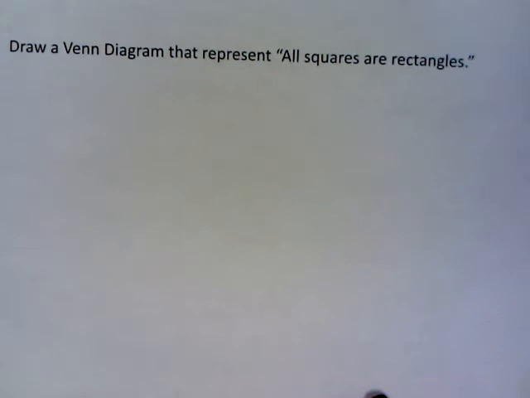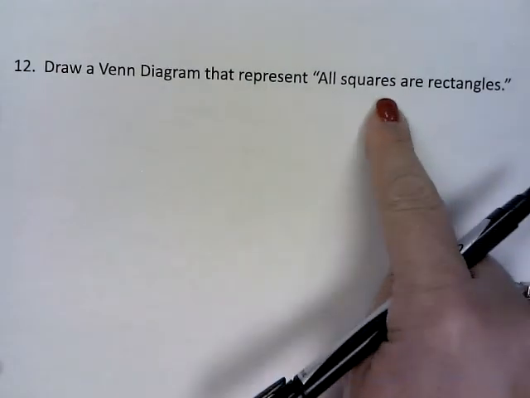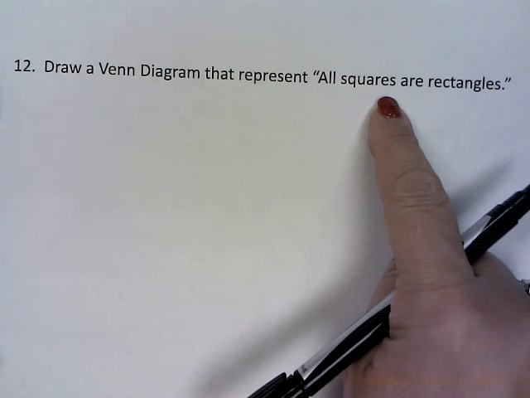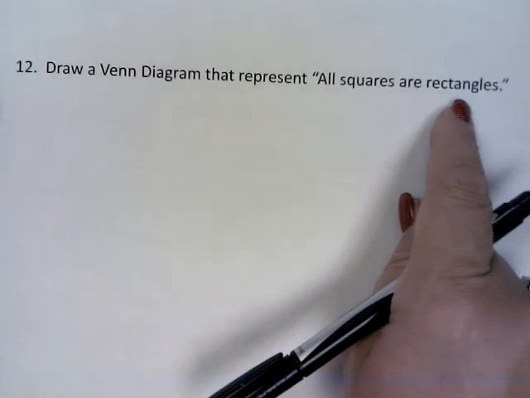Okay, the last but not least, it says to draw a Venn diagram that represents all squares are rectangles. If all squares are rectangles, then that means the squares are submerged inside of the rectangles.